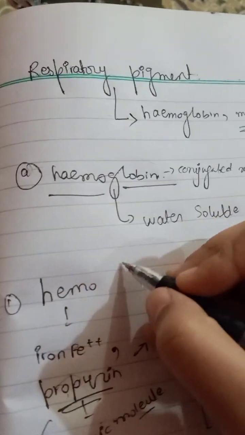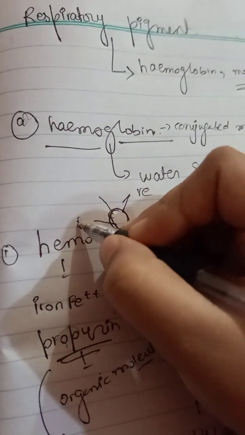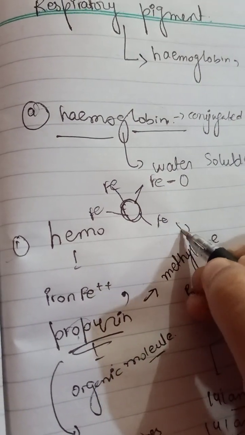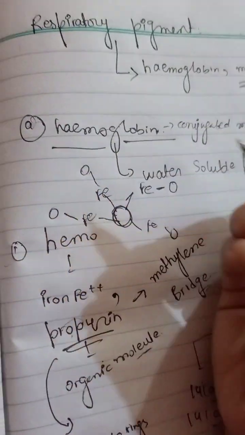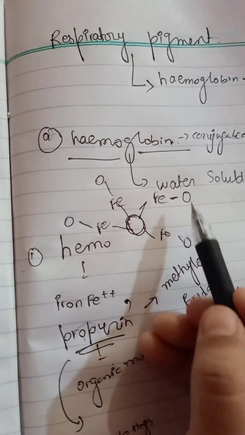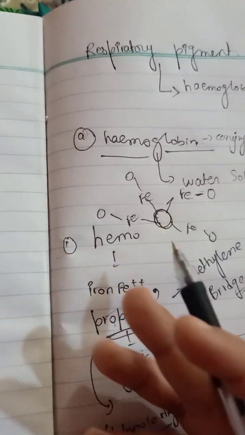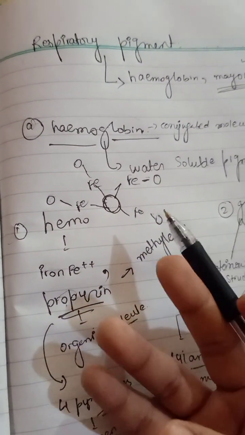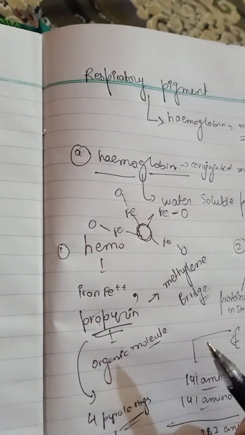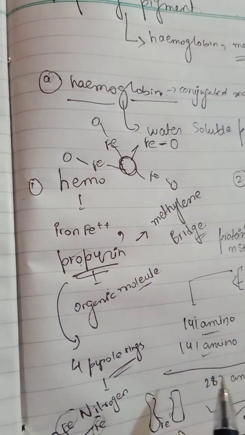One iron atom can bind with one oxygen, so one hemoglobin can bind with four oxygen. In the structure of hemoglobin you can see carbon, oxygen, hydrogen, nitrogen. The porphyrin is embedded or surrounded by the alpha and beta chains, as you can see here.